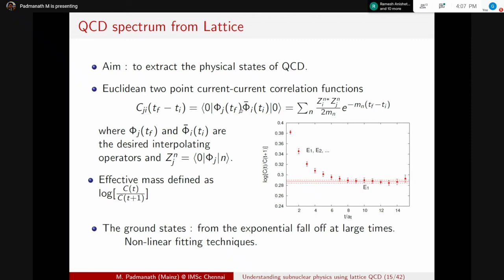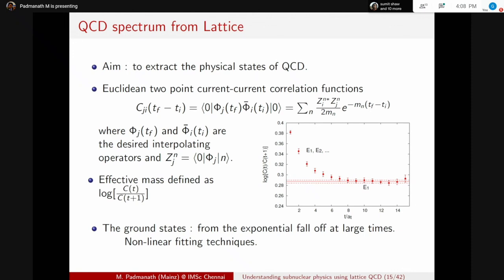Now, if you look into the pseudoscalar, you can also construct pseudoscalar interpolating currents in various different ways. You can still see the signature in the correlation function. Yes. So the main idea is that you construct a large basis of interpolating operators of different kinds, but still having the same quantum numbers.